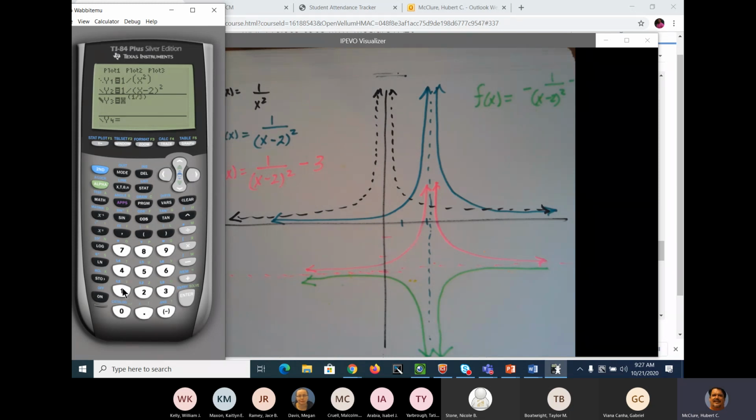So that's going to be 1 or negative 1 divided by parentheses. And it's not going to delete that stuff no matter what. So I got to hit delete, delete. Let me start it over. Let me go back.